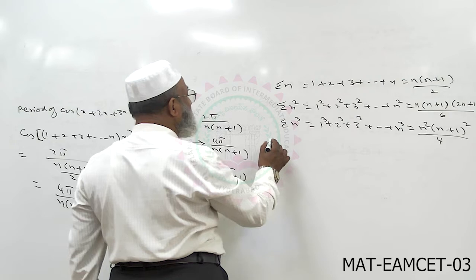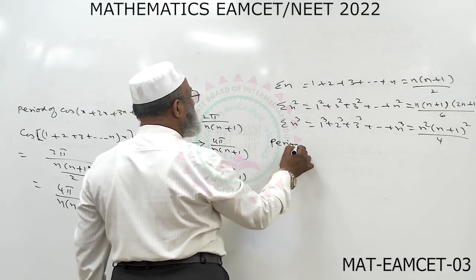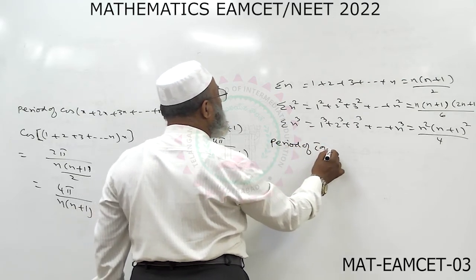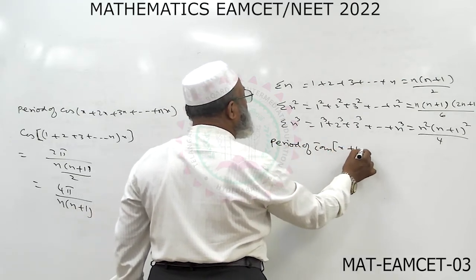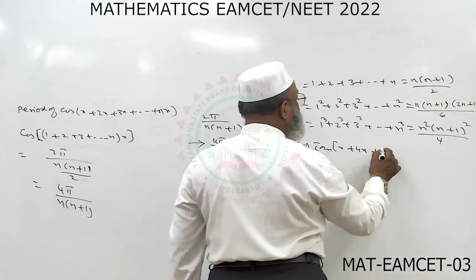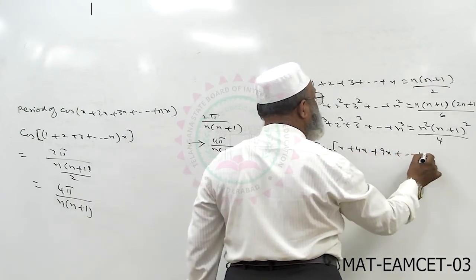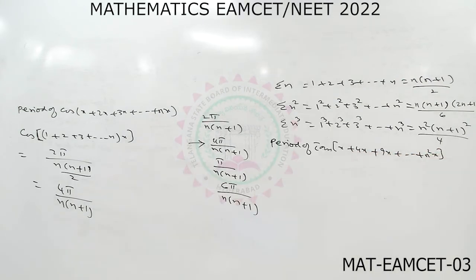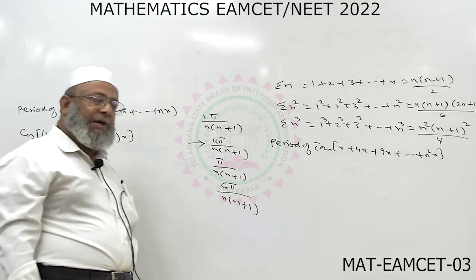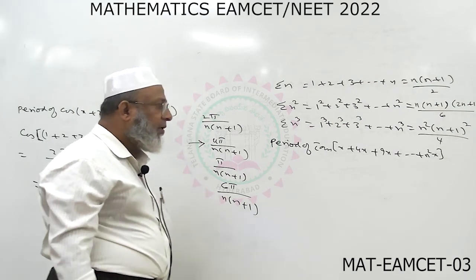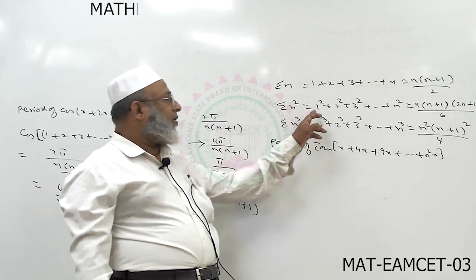Period of tan x plus tan 4x plus tan 9x and so on is equal to? Again, compare with the standard formula.